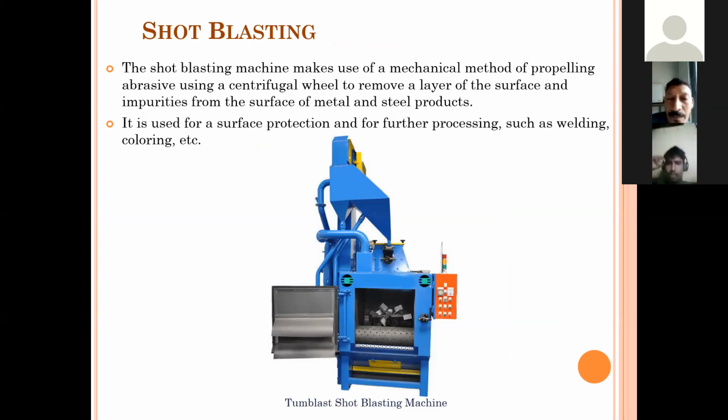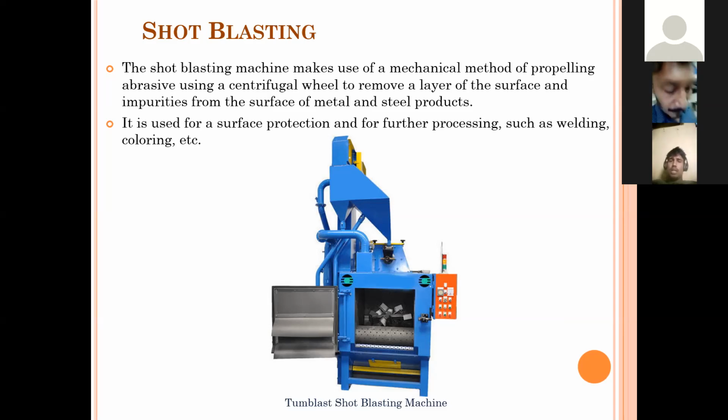The next slide is shot blasting. After the casting process, this is a surface cleaning machine for removing impurities, unwanted parts or extra parts, and surface finishing is done in shot blasting.